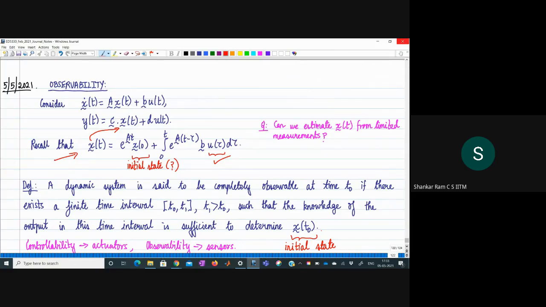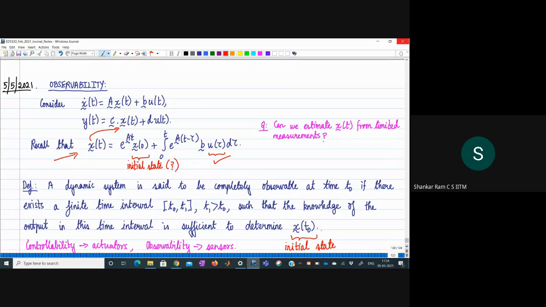If you look at the physical perspective of controllability, what you are asking is whether we are in a position to regulate or take the system state from any initial state to the equilibrium state in finite time, right? So that's how we visualize controllability. Observability has to do with whether we are able to get an idea about the state variables from limited measurements.